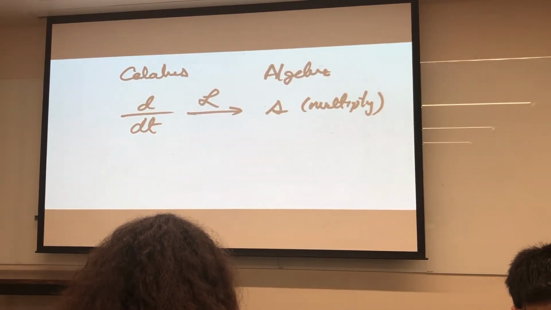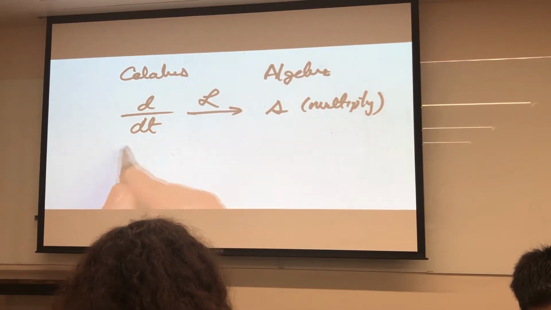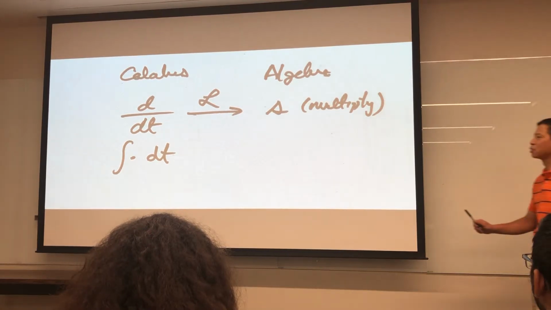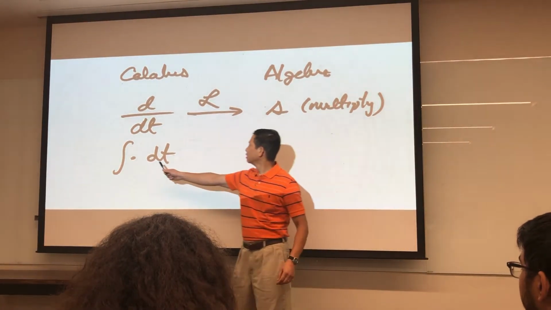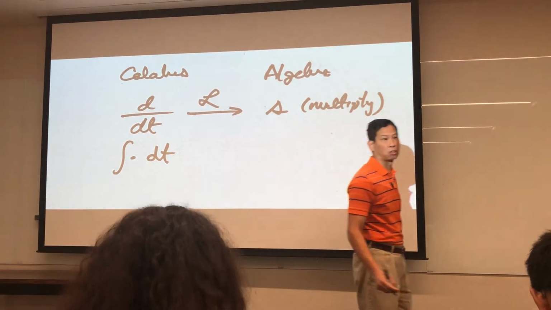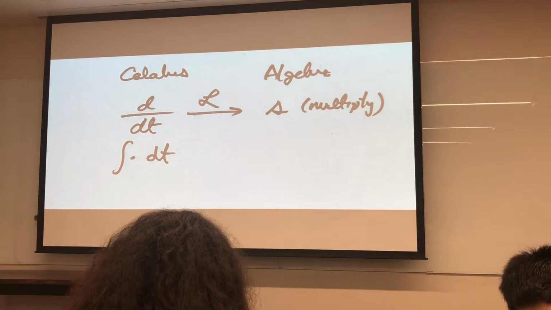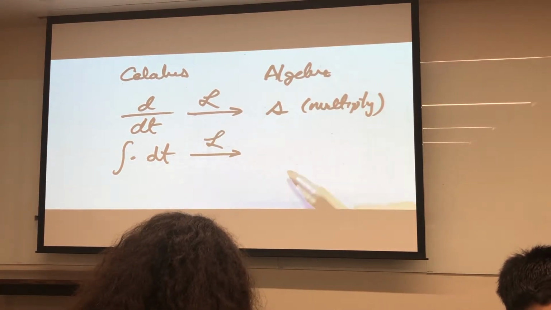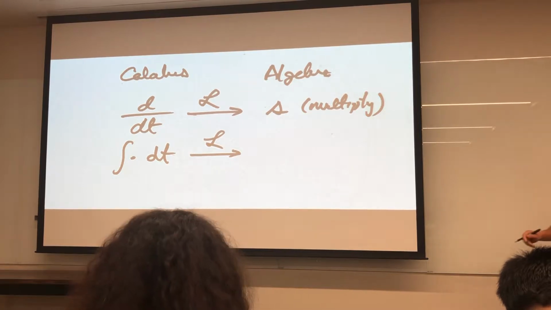Okay, let me do another calculus operation. What is this? Do we recognize this symbol? If I put a squiggly, something, dt, what am I doing to that thing? I'm integrating. That's the other calculus thing we learned, right? And we kind of remember that integration is the opposite of differentiation.